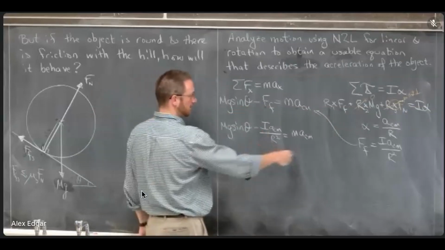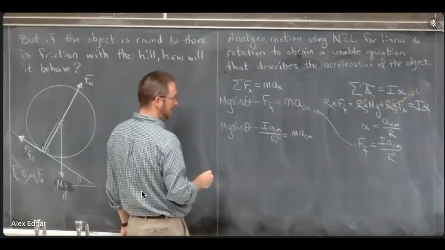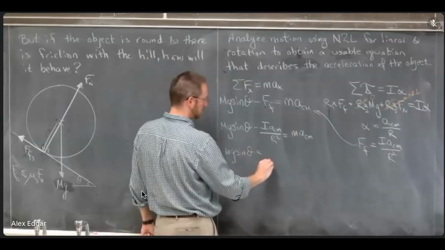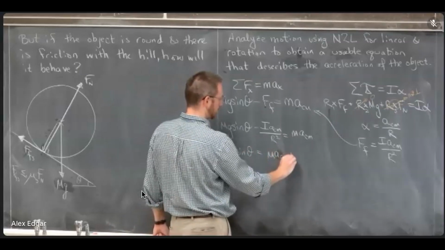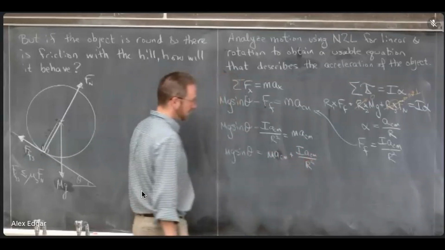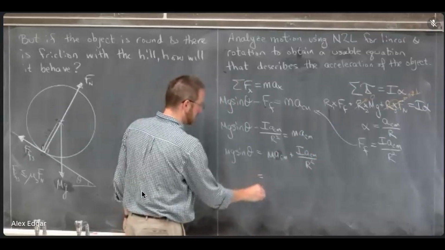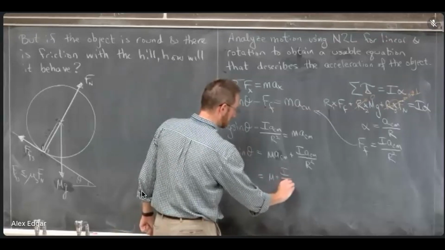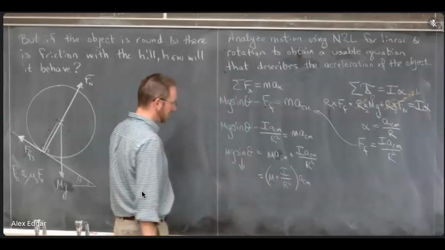So let's bring this expression over to here and then factor out the a, because we want to get that by itself. So I have an a here and an a there, so we're going to factor that out to the side. And that guy just comes along for the ride.